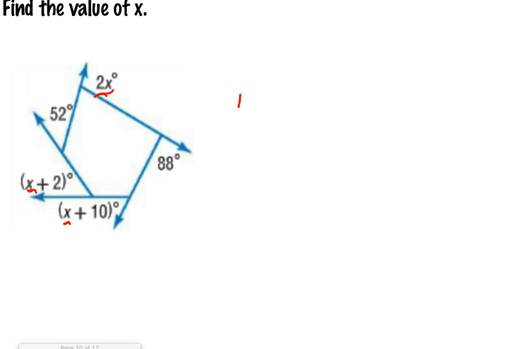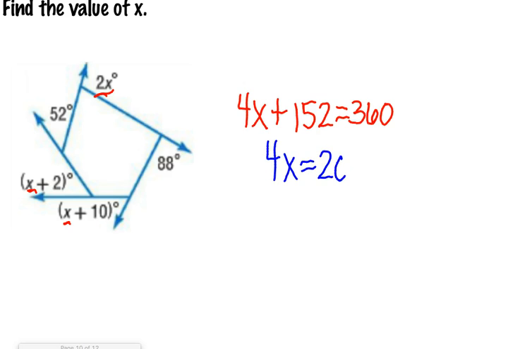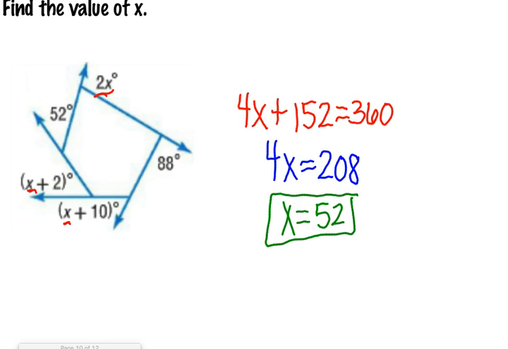So 4x plus, let's see, 12, 64, 88. So x is 52? Yeah.